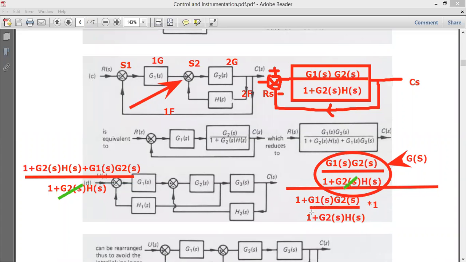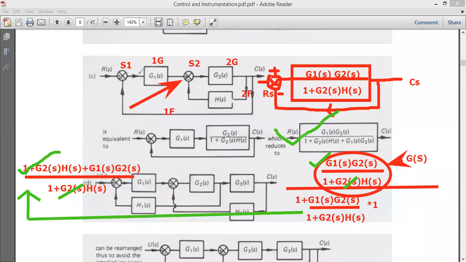I've solved the numerator, you can see I've solved this equation here. So this denominator value cancels with the numerator's denominator value. What remains is nothing but this block of G, that is G1 of s multiplied by G2 of s. It cancels, and this value remains.